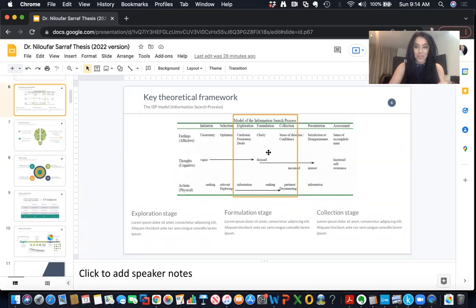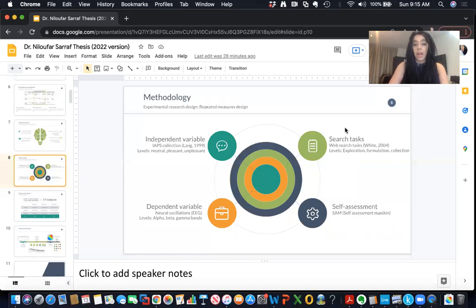This is very important to remember, because that's how I put the participants in the lab in these 3 stages: by using search tasks developed by White that were already established and published in journals.